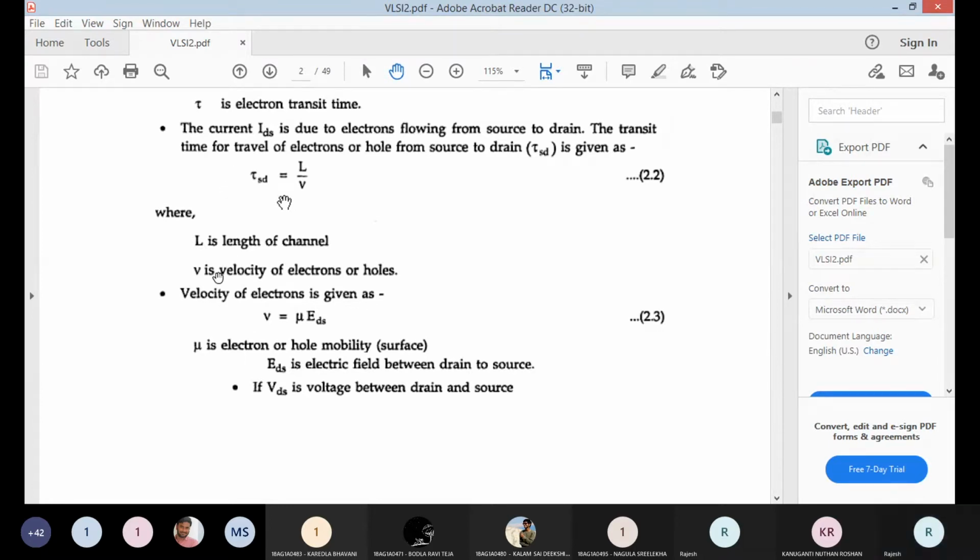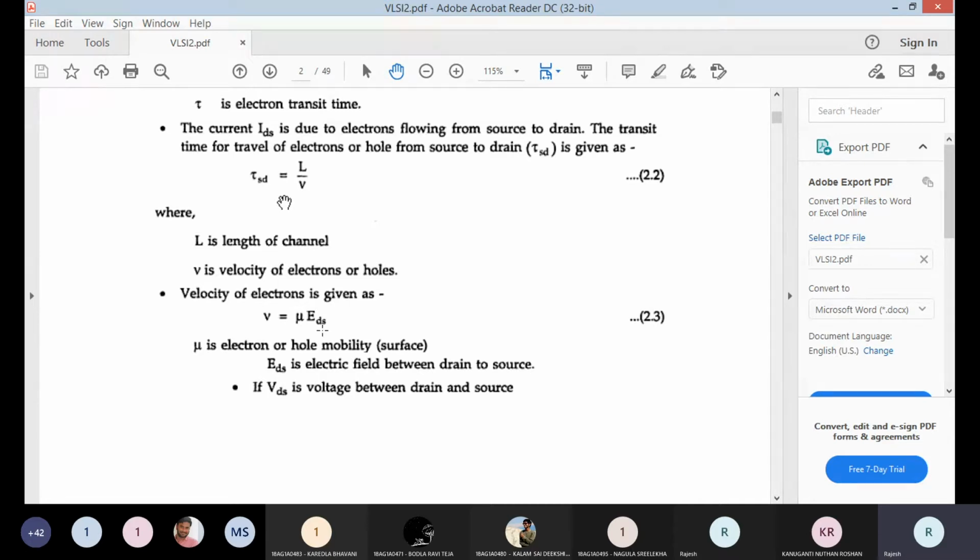Now the velocity of electrons, we have this equation from your basic EDC. Velocity of electrons is nothing but mobility into electric field. These electrons have to move from source to drain. But you are applying VDS between drain and source.